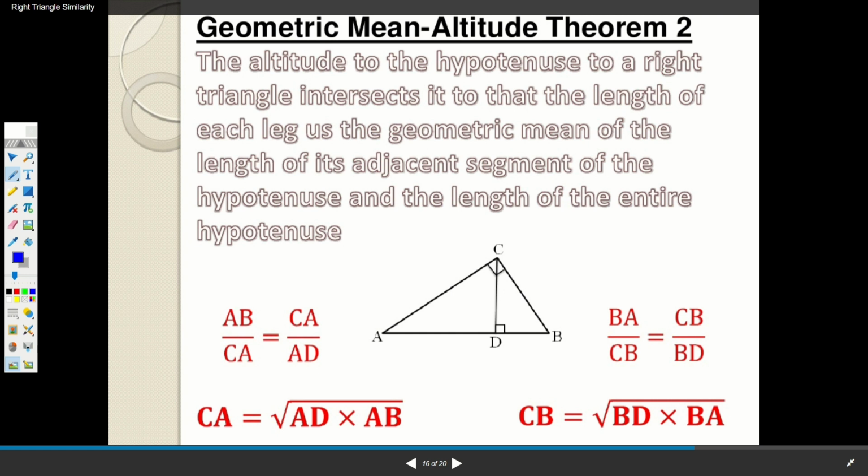And let's say the missing side is segment CB, which is adjacent to segment DB. So we're going to use this proportion, that is AB all over CB is equal to CB all over BD. Then, to solve for CB, applying cross product here and simplifying this, we will have CB is equal to the square root of BD times BA.